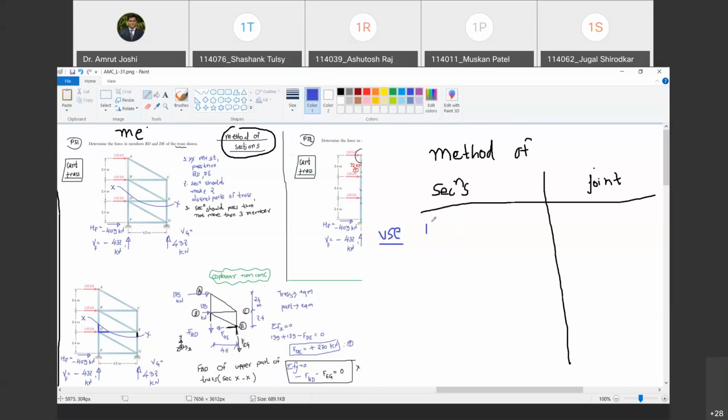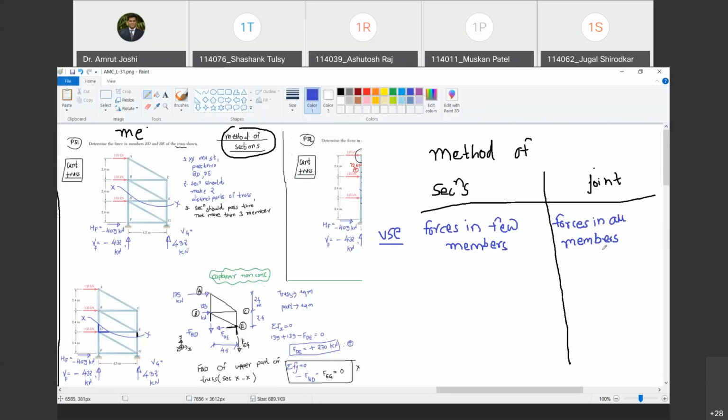When forces in few of the members are to be analyzed. Are you with me? Yes, sir. Forces in few members. Okay. Then when do you use method of joints? When forces in all the members are required. Happy? Yes, sir. All members of a truss are required. I am not writing it down in longhand. You understand? Forces in all the members.